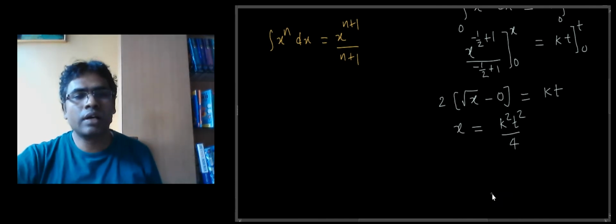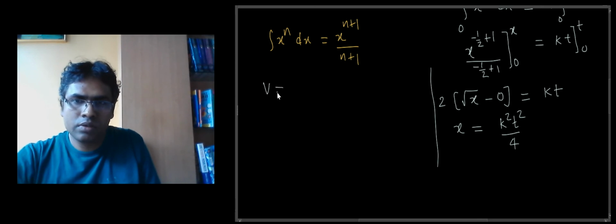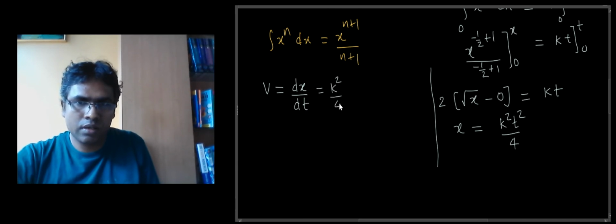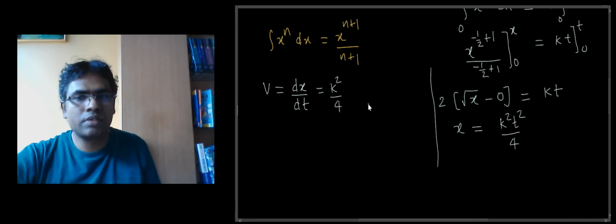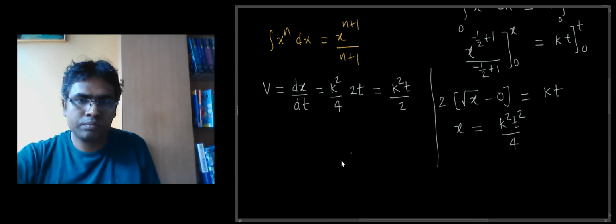Now once you have the position function, we can get the velocity. So the velocity is dx by dt. If I keep the constants aside, I have to take a derivative of t square, which is simply 2t. So I get velocity as k square t by 2.